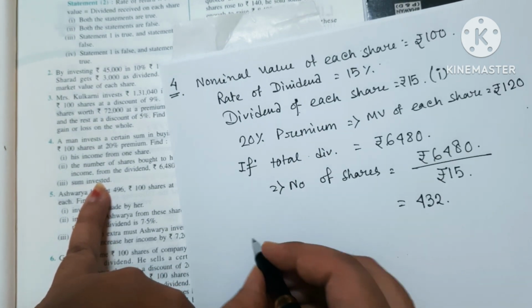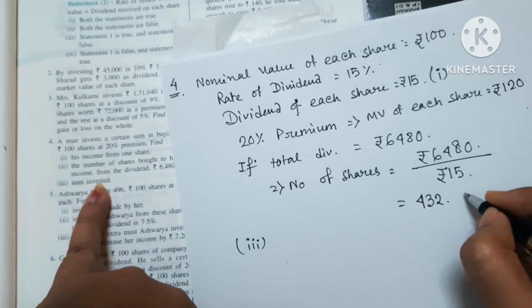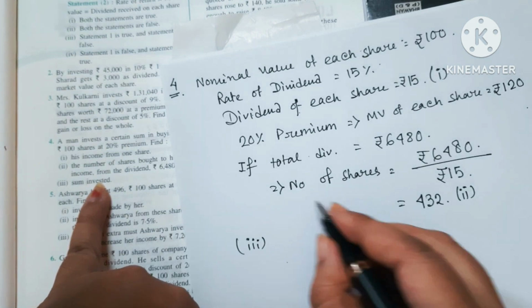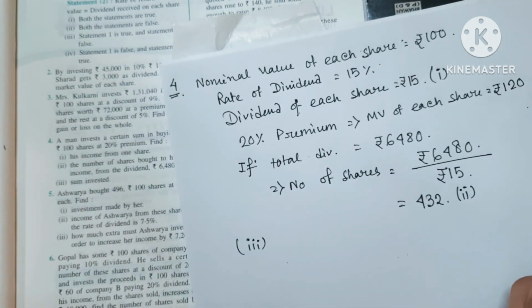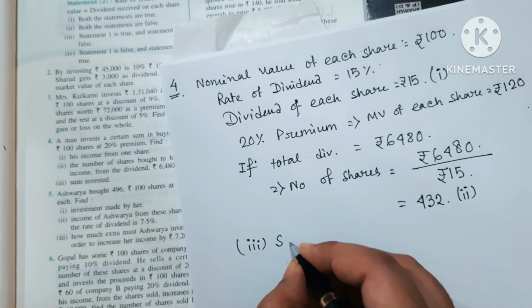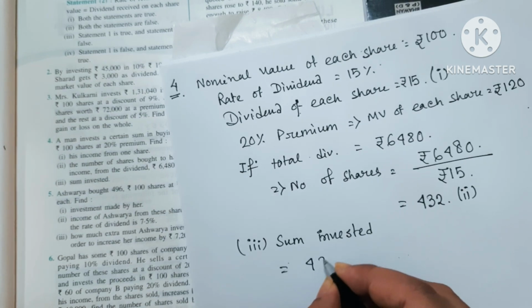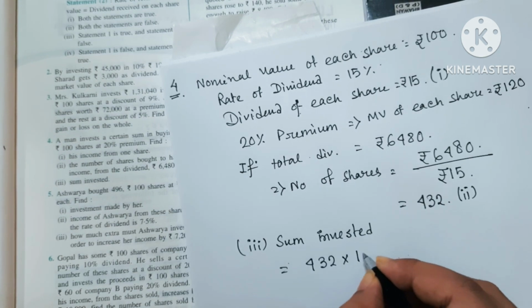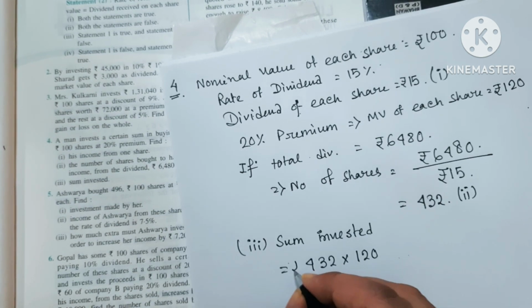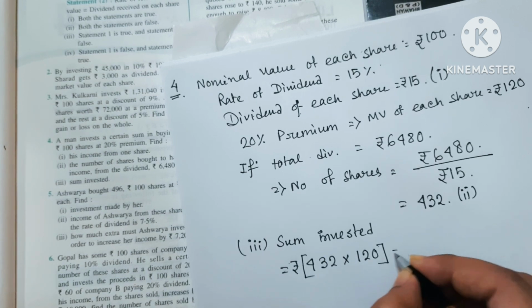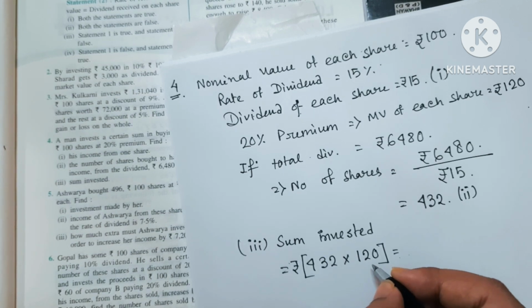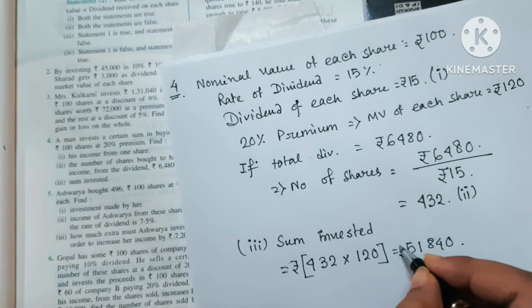So this is answer of question number 2. Sum invested will be equal to 432 into 120. This is the total investment, number of shares into market value. Okay, this will be the answer.